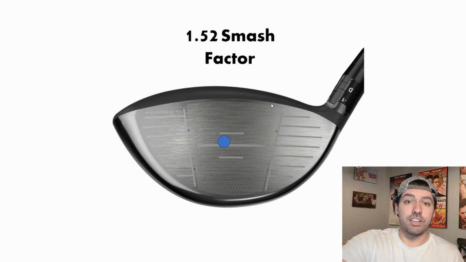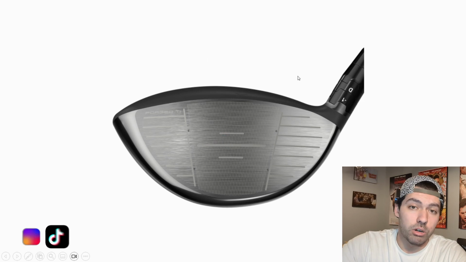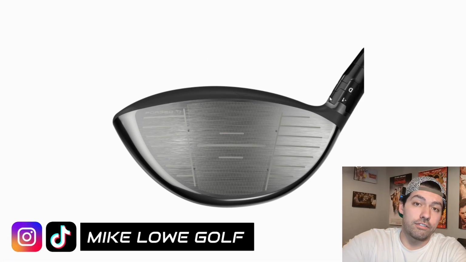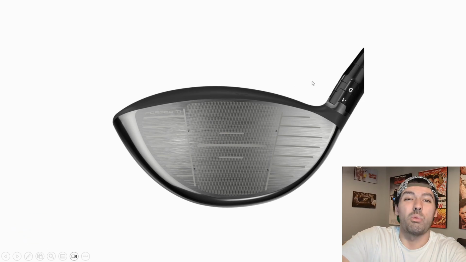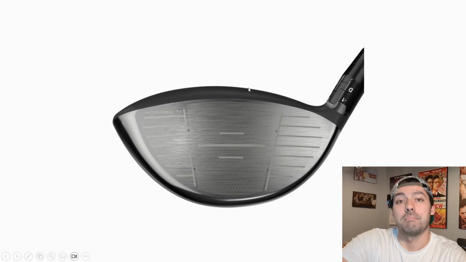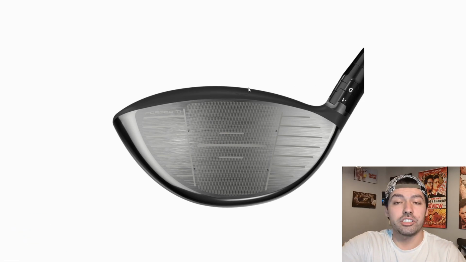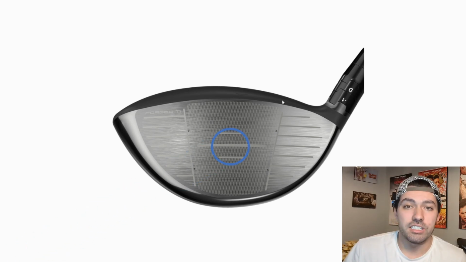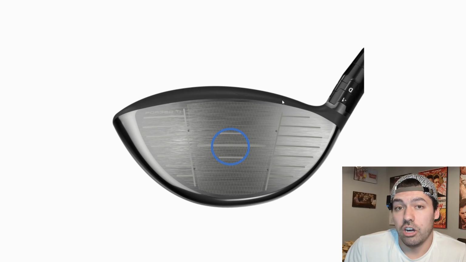Now, if you're watching this video, 1.52, you don't need to worry about. You probably don't even need to worry about 1.50 for that matter. A good smash factor for most average golfers is going to be like 1.46 and above. So I've drawn this circle here on the screen. Anything inside that circle is going to achieve you 1.46 or higher.